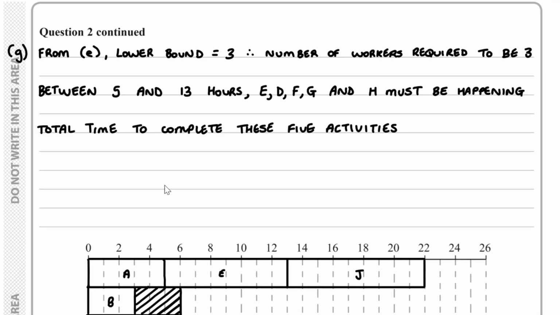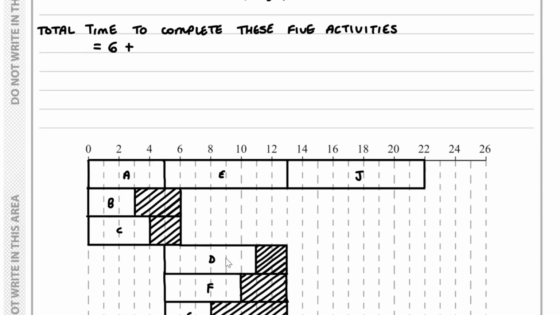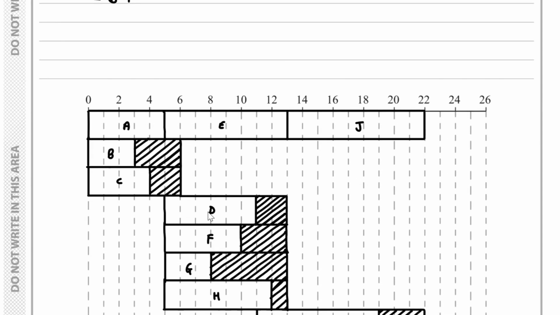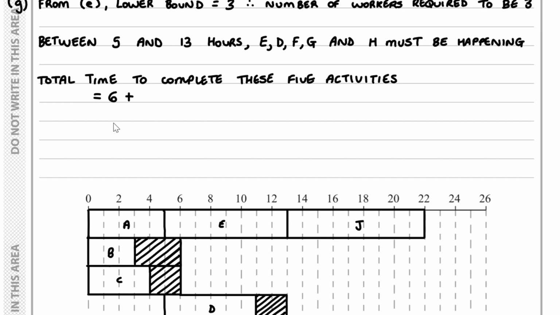So the total time to complete these 5 activities, we've got 8 for E. We've also got 6 for D, and then for F we've got 5.